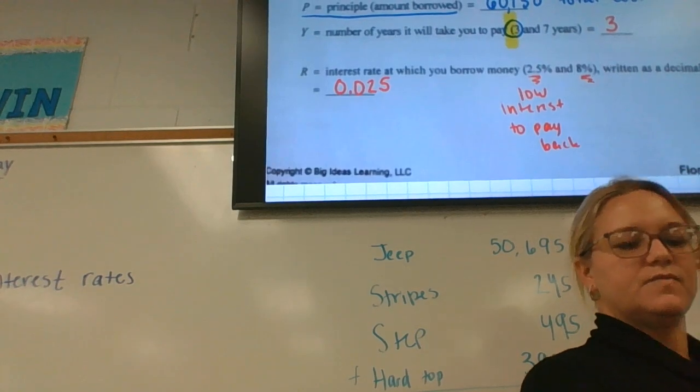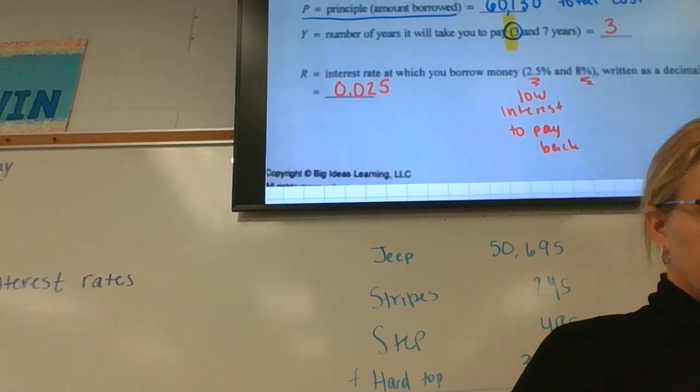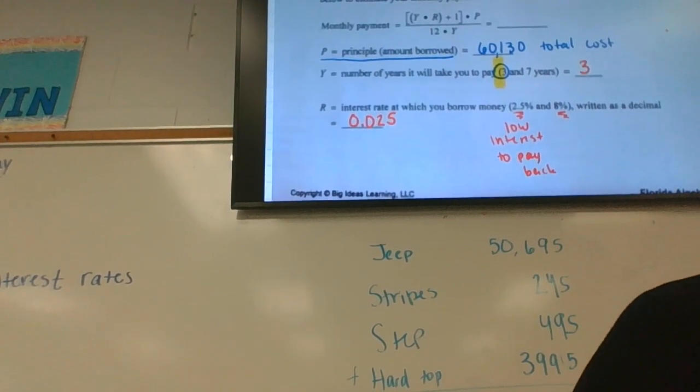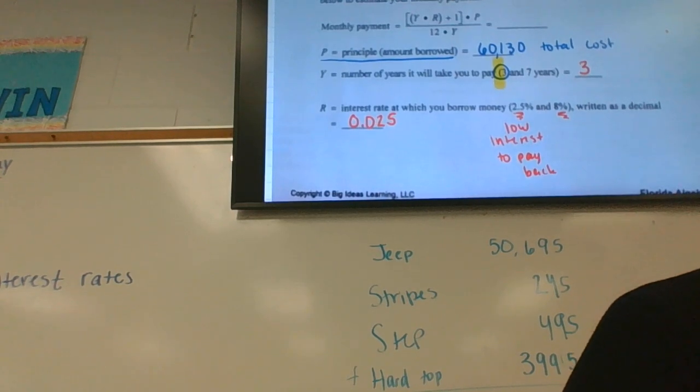So, okay, let's do this equation. It's going to be pretty tricky. The number of years, 3, times the rate, 0.025, plus 1. So this multiplication has to happen first, and then you add 1. And then you multiply it to the principal, which for me is 60,000.